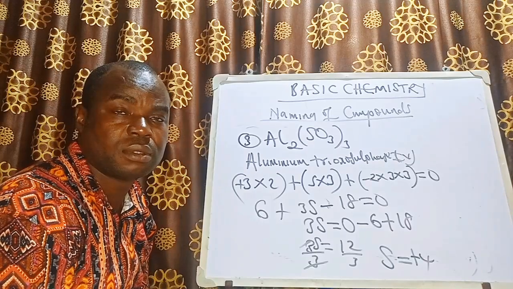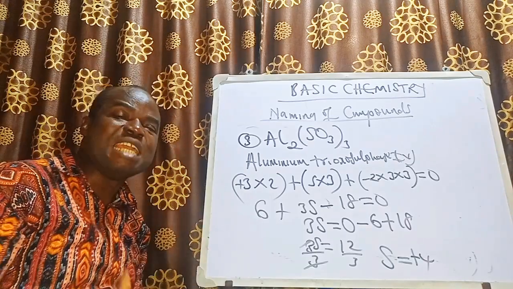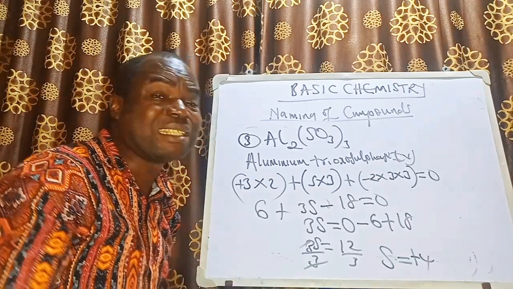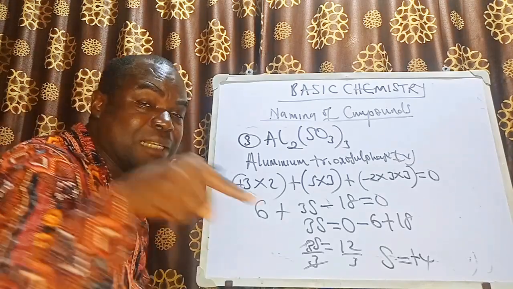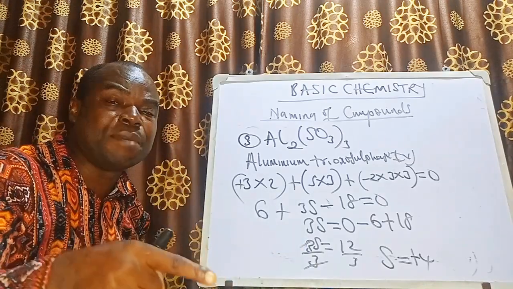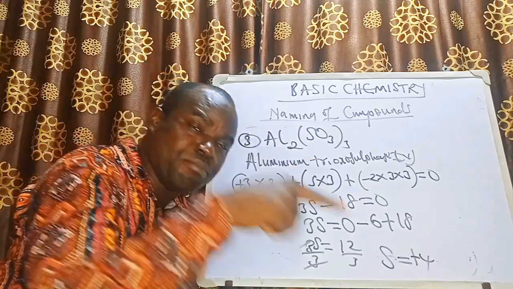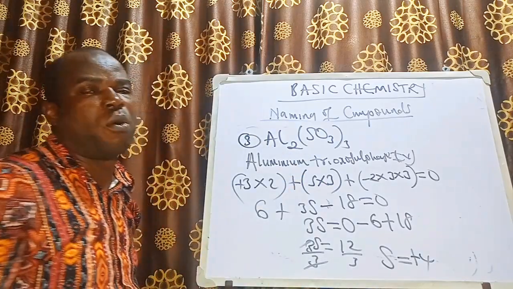All right? So that's how to name a compound. So solve for the element in the middle. Solve for the oxidation state of the element in where? In the middle.